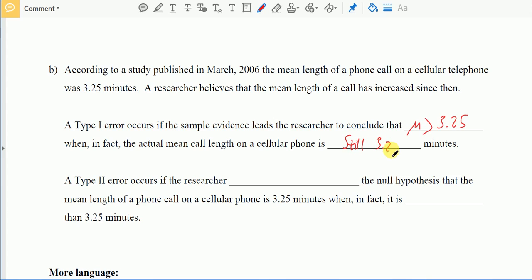That means we reject the null hypothesis when it is still true. And a type 2 error means the researcher fails to reject the null hypothesis that the mean length of a phone call on a cell phone is 3.25 minutes, when in fact it is greater than 3.25.